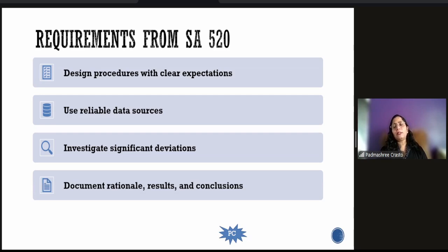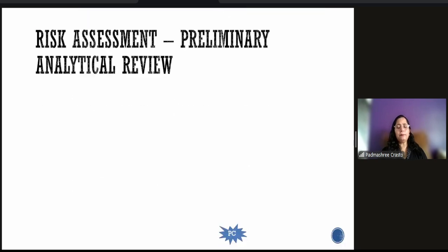And last, obviously, document all the rationale, the results, and the conclusions of what has been done, how it has been done, and what the significant deviations are. And if you are not able to get any responses to the significant deviation, you may have to do an alternate procedure, or an additional analytical procedure, or whatever is actually required at that point in time. So we'll talk more about these things as we move ahead.